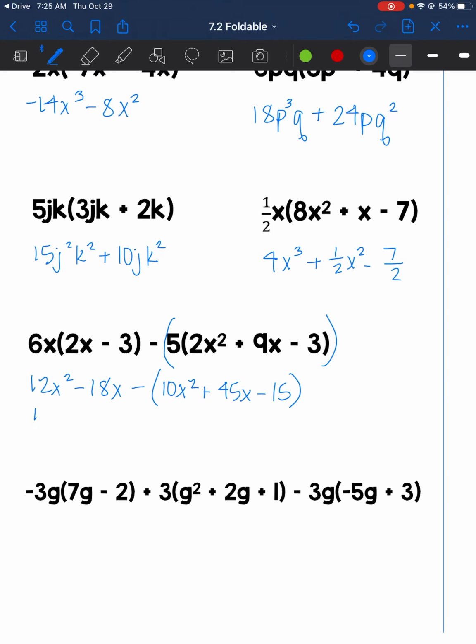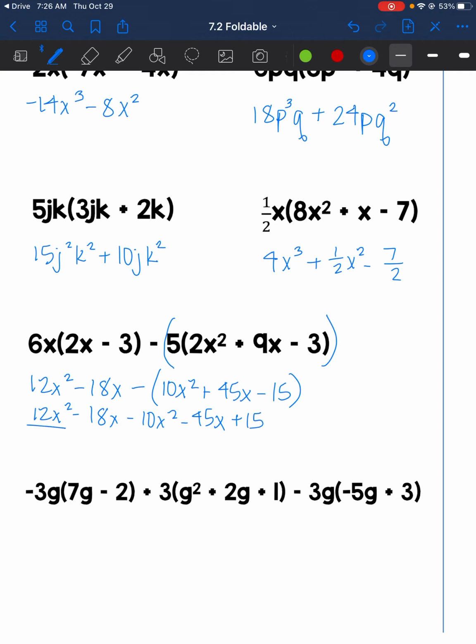Now let's rewrite without parentheses. So every term in the second polynomial will get this negative. So minus 10x squared minus 45x. And then this last one is negative, so we're going to be subtracting a negative, which is the same thing as adding. So we're just going to add this 15 here.